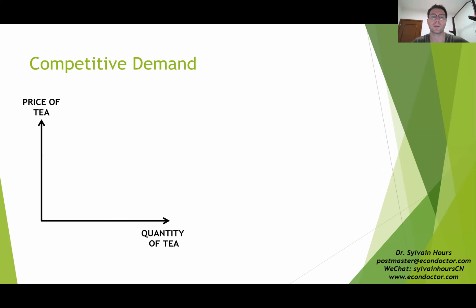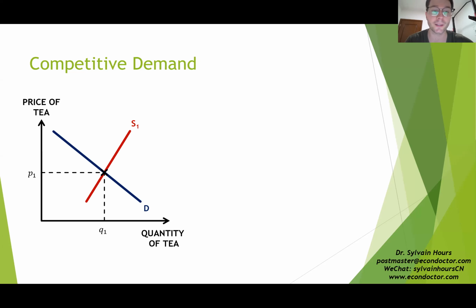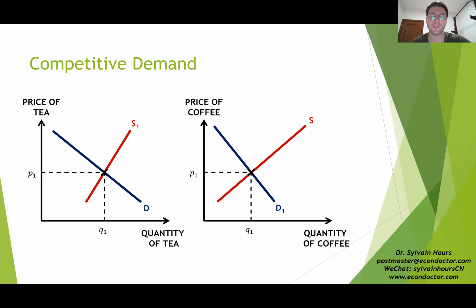All right, so this is the market for tea, so quantity and price of tea, and this is the initial market equilibrium, quantity Q1 and price P1, and this is the market for coffee with the initial equilibrium, price P1 and quantity Q1. Now let's just assume that for some reason, doesn't matter, perhaps this is an increase in the wages of people who produce tea.